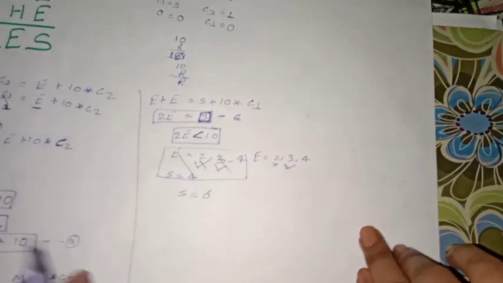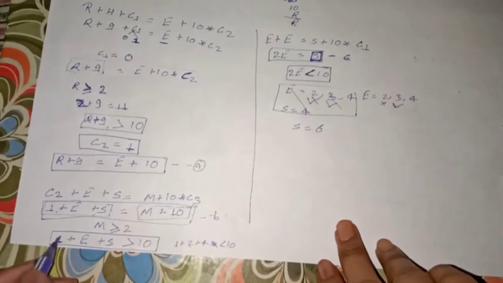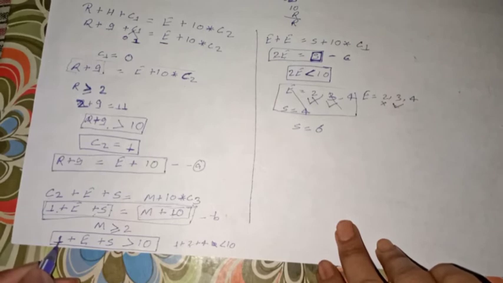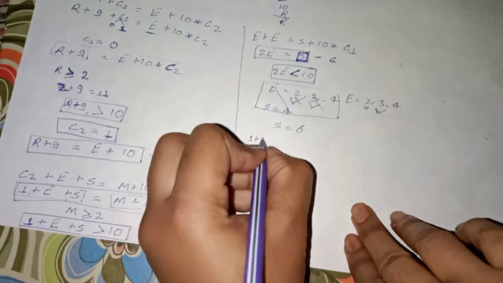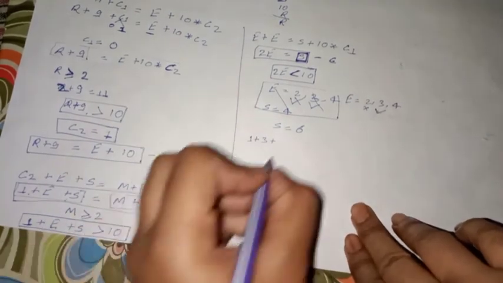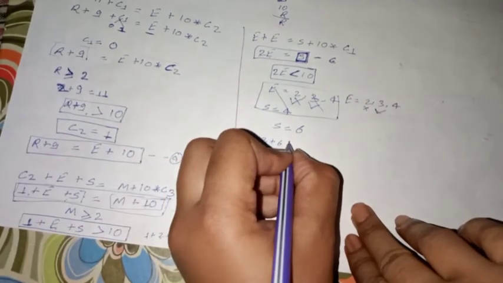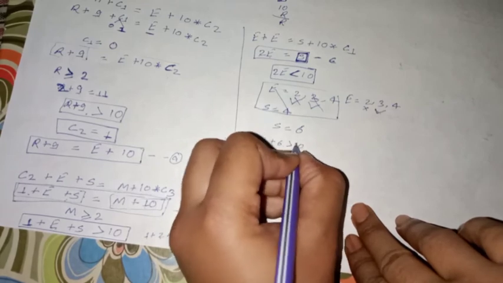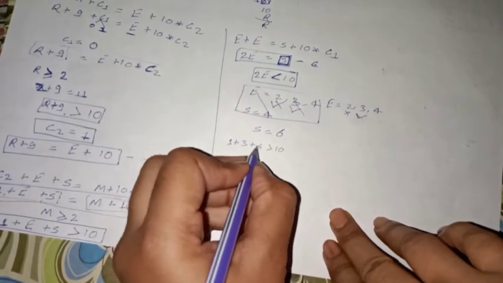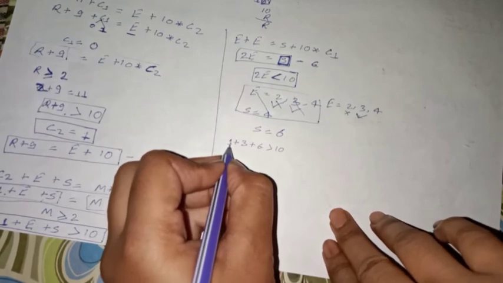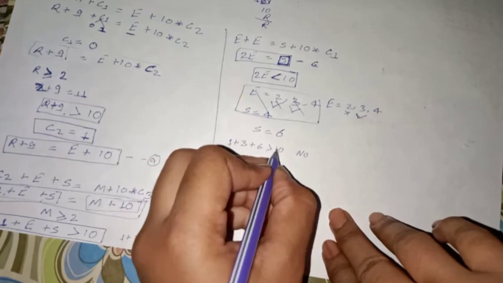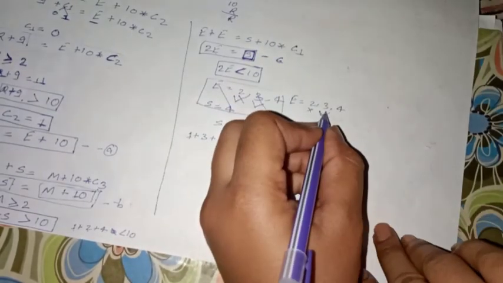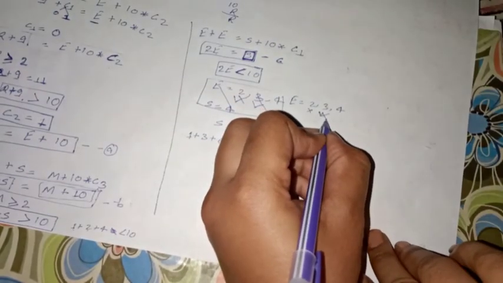Now we check this value in this conclusion. Then what we got, 1 plus E, which is 3, plus S, which is 6. Is this value greater than 10? 1 plus 3 plus 6 is 10. No, it is equal to 10. So the value of E equal to 3 is also not possible.